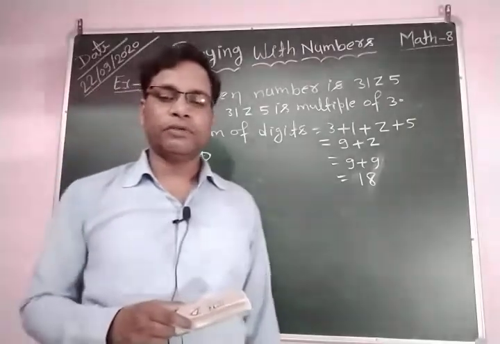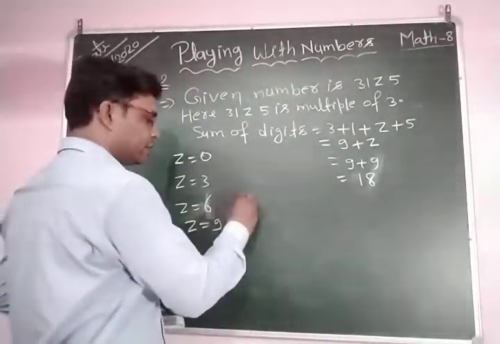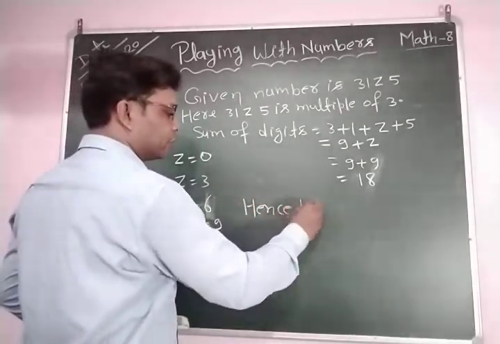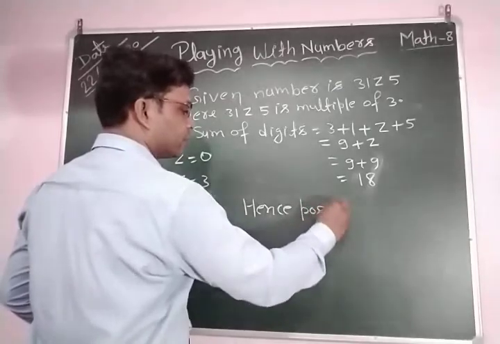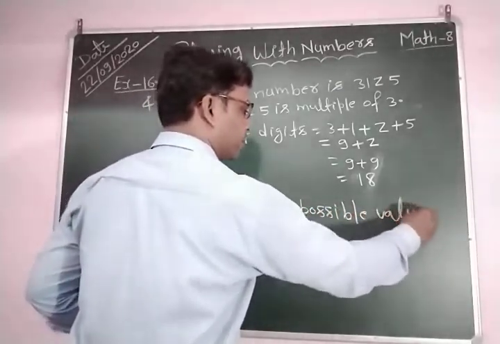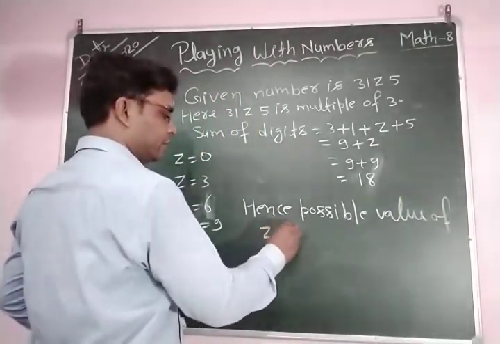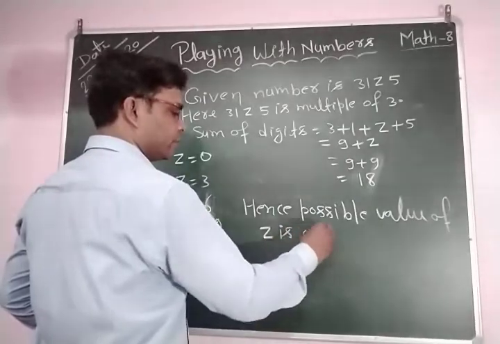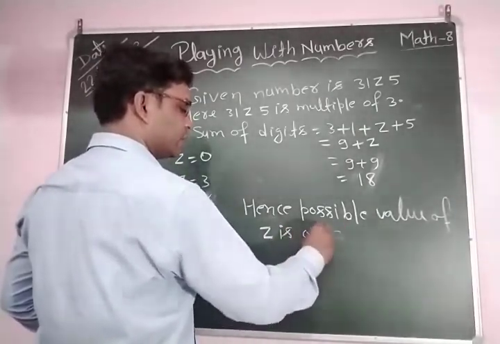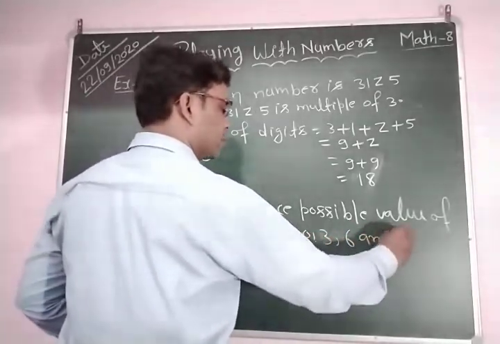So here you can write: hence, the possible values of z are 0, 3, 6 and 9.